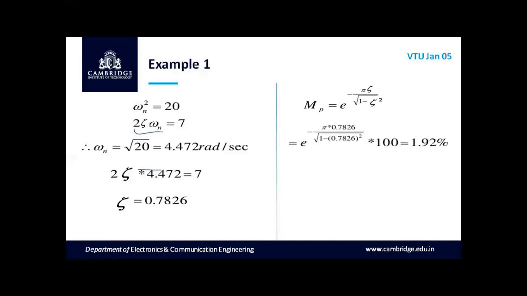Once after substituting for zeta, now we have obtained the expression for MP in percentage as 1.92 percentage. So now we have written the answer as omega n 4.472 radian per second, zeta 0.7826, as it is a damping ratio, no unit for it, and the maximum peak overshoot MP is equal to 1.92 percentage.